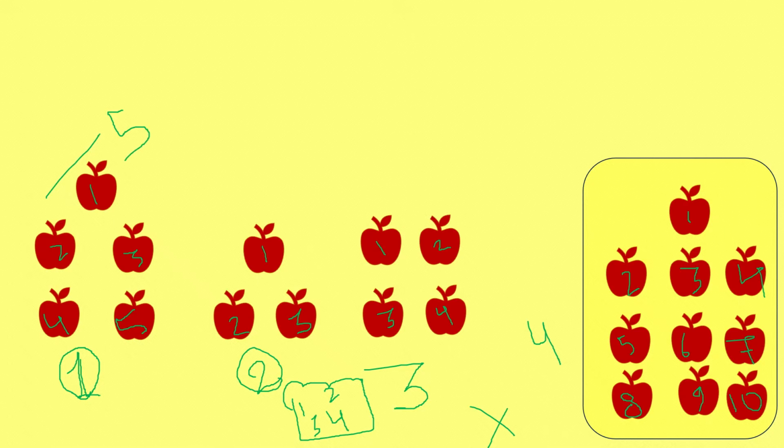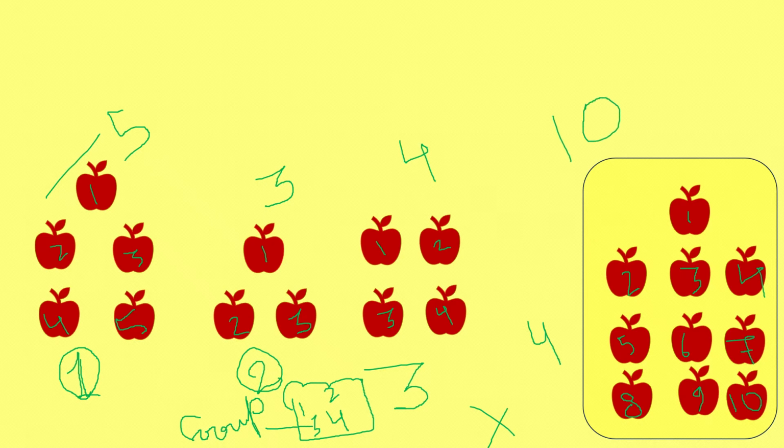For the second group, it's 3 apples. In the bucket we have put groups, not counted apples. So the first group gets the specific number 5, the second group gets 3, the third group has 4 apples so we give it 4, and the fourth group has 10 apples so we give it 10.